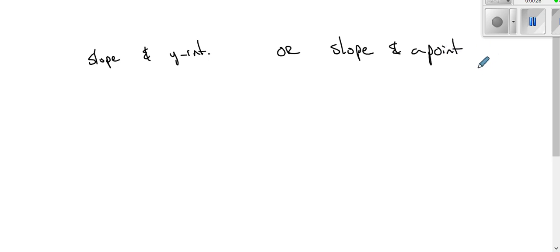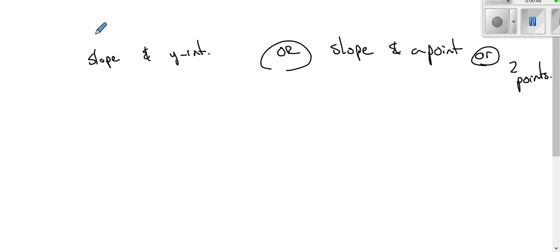The third possibility is if you just have 2 points, you can write the equation, okay? So there is a third possibility. So a slope and a y-intercept, a slope and a point, or 2 points. If you have any of this, that's usually the kind of questions that you're going to find.